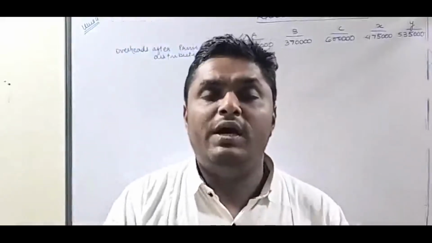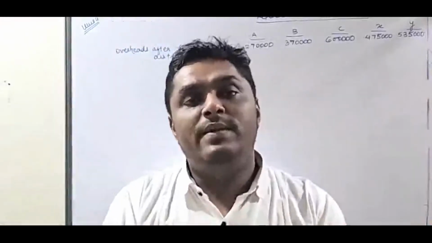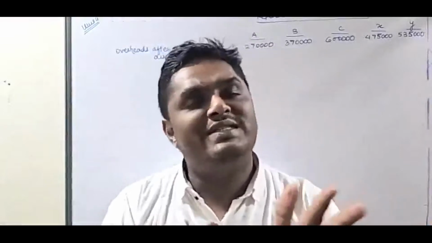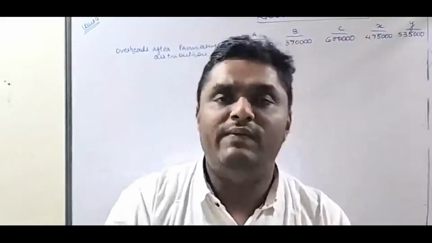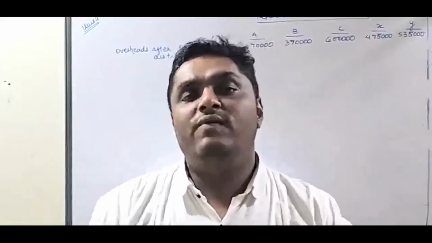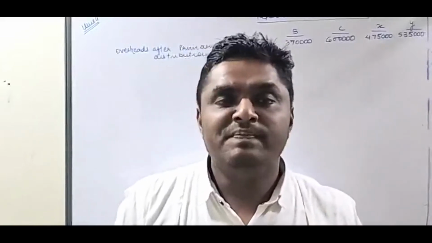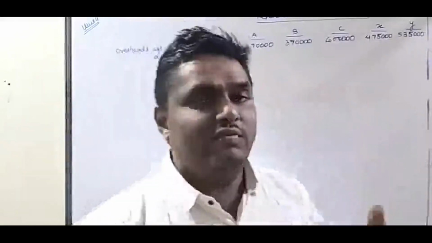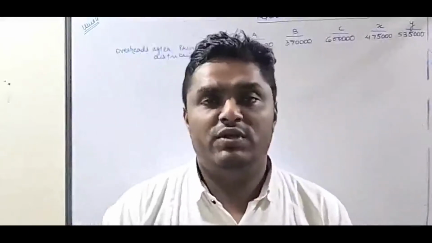Now in reciprocal, as I said, there are 3 methods of solving the question. The first one is simultaneous, the second one is repetitive, and the third one is trial and error method. Simultaneous equation I have already discussed in detail. Now let's start this question with the repetitive distribution method.